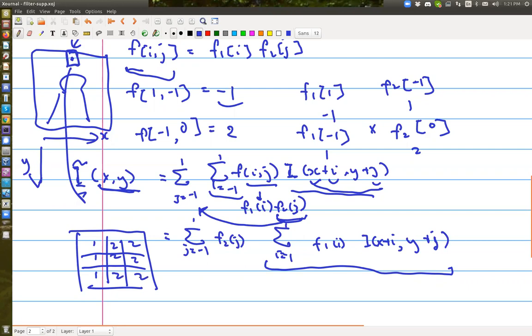So what is this? Maybe I can make a question here. I would say this is an edge. Is that a vertical edge or a horizontal edge? Horizontal.